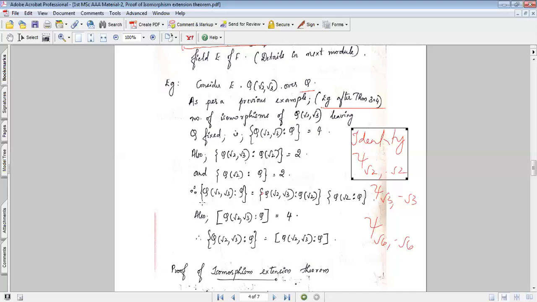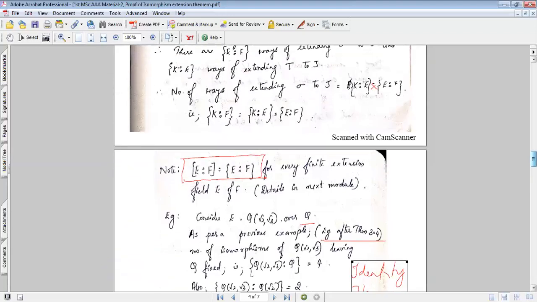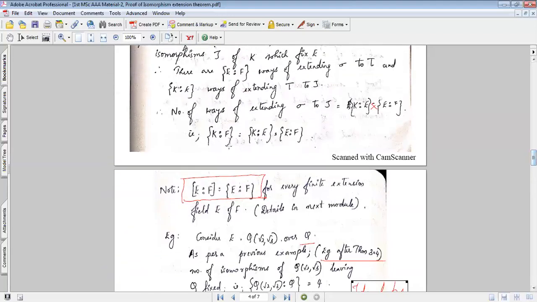So we can say that the index of Q(√2, √3) over Q equals the index of Q(√2, √3) over Q(√2) times the index of Q(√2) over Q. So this is precisely what we learned here: index of K over F equals index of K over E times index of E over F.